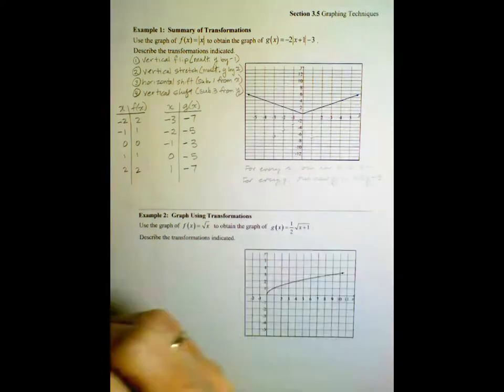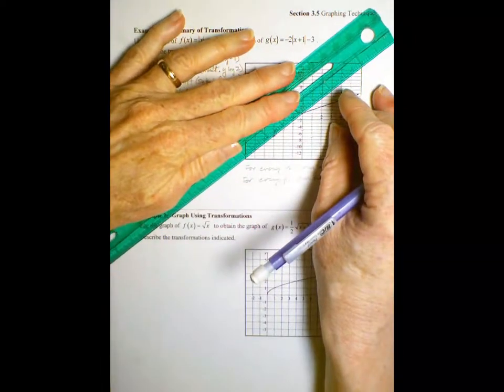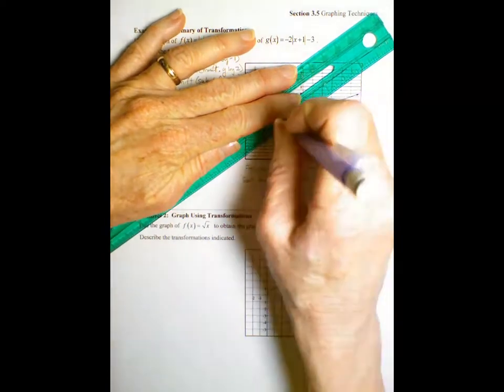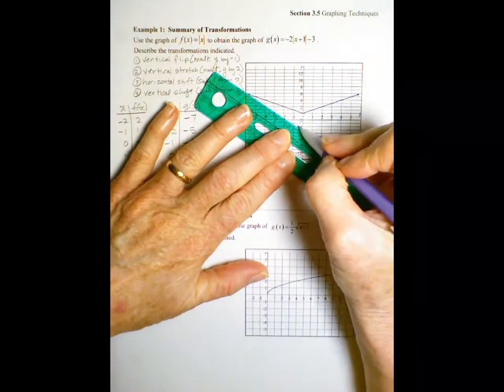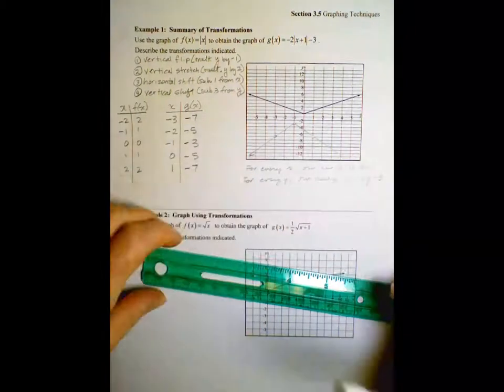And so I hope what you see here is our absolute value function, the graph, has actually flipped vertically. Okay, so flipped over vertically.